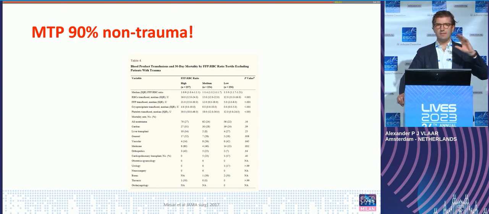They showed this too good to be true reduction of mortality of 76% to 90% if you give a high plasma to red blood cell transfusion ratio. But there was a flaw, because for patients that died within 45 minutes, there was a lot of discussion whether you should enroll them in the trial or not. But at that time, plasma needed to be thawed before you could give it. Thawing time was about 45 minutes.